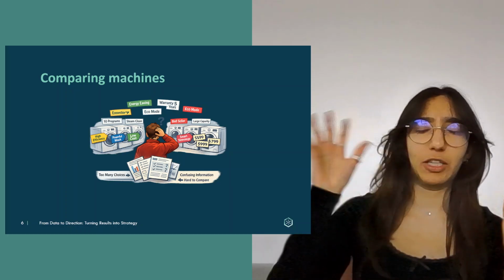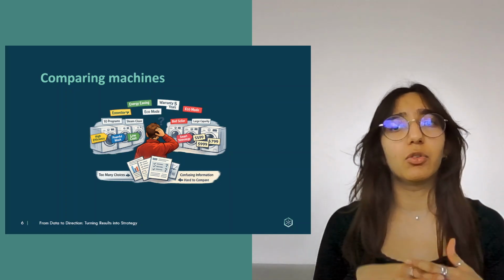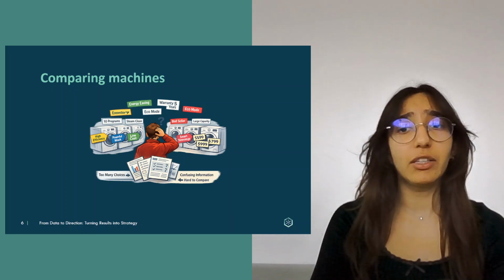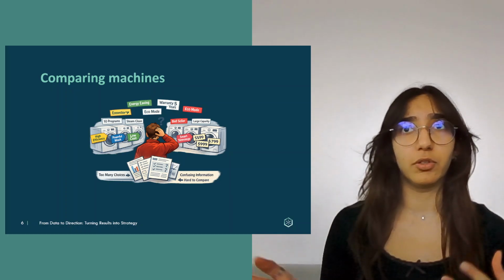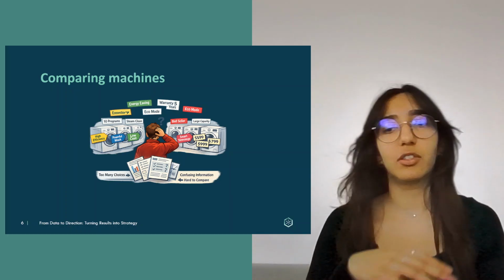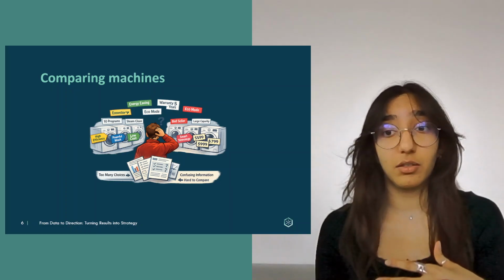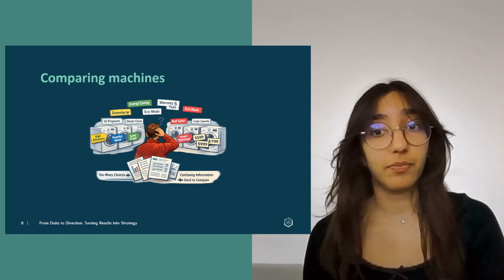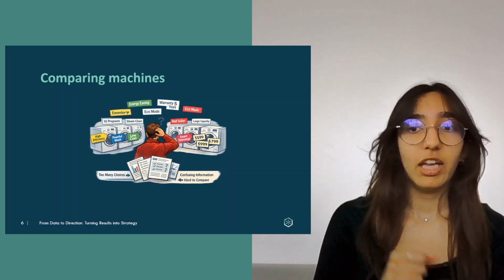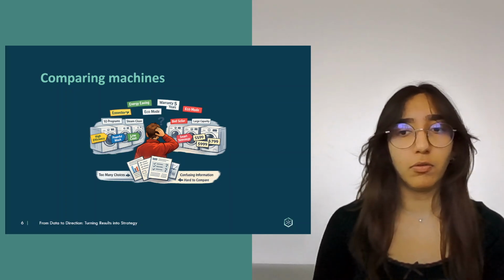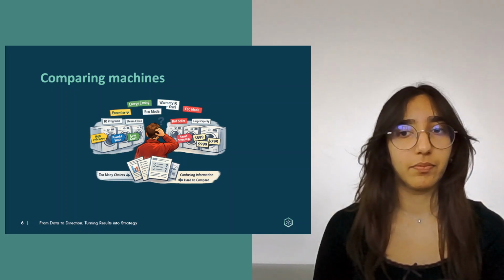So, picture this. You're walking into a store to buy a washing machine, and you're immediately faced with dozens of options. Samsung, Philips, Siemens, different brands, different sizes, different features, and price points. Each one claims to be efficient, powerful, or cost-effective.